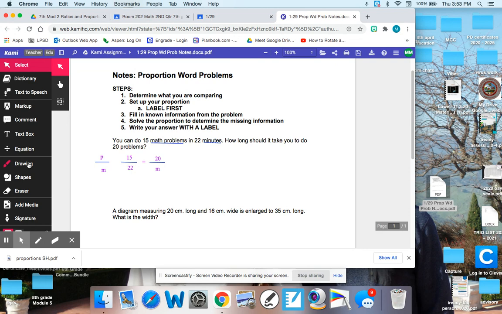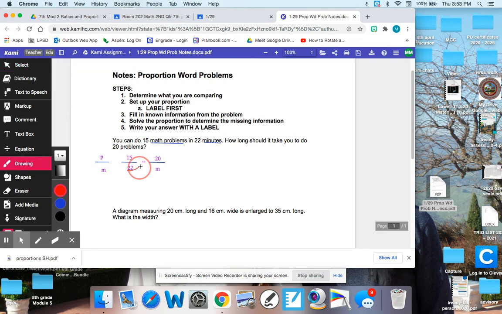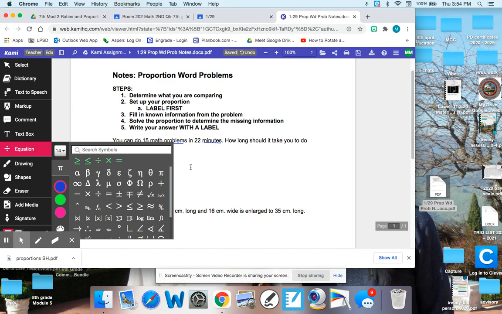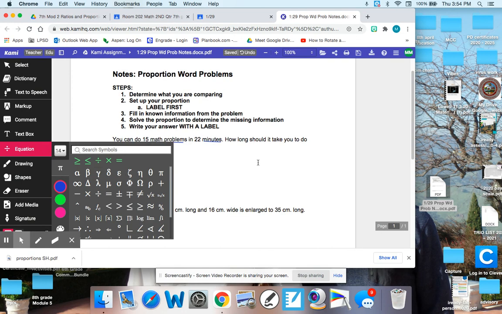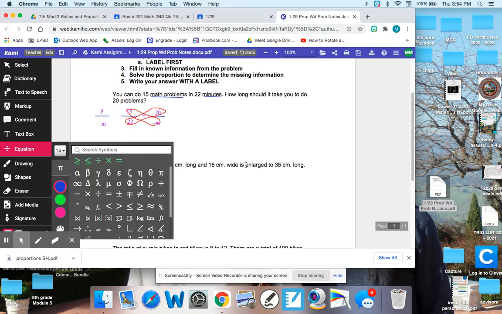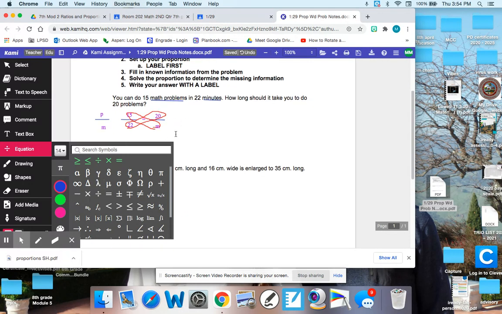So I am going to multiply 22 times 20 and 15 times M. We'll pick up our equation. Okay, so I am going to type 15 times M is going to be 15M, and that is going to equal 22 times 20.